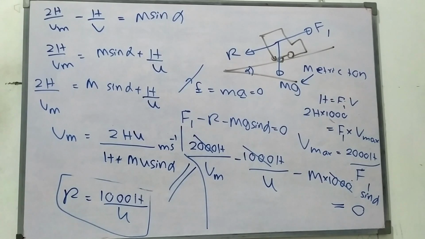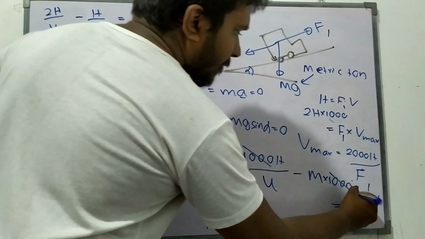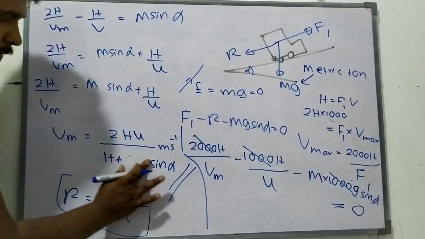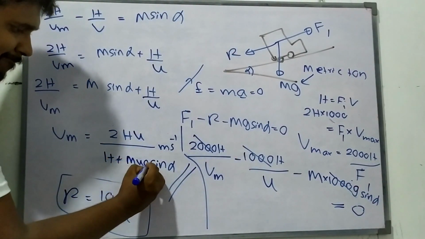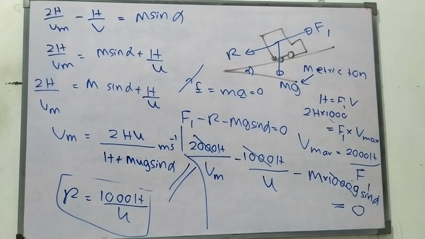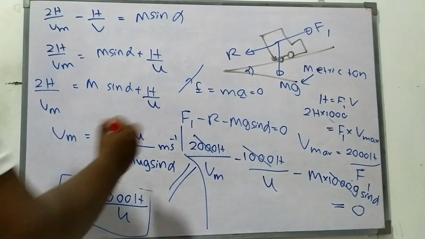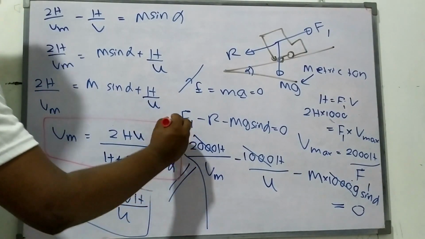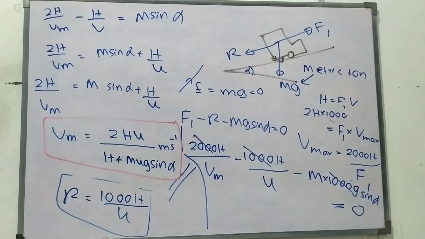Actually I missed g, right? Here it's mg, no? mug sin alpha. Vmax.